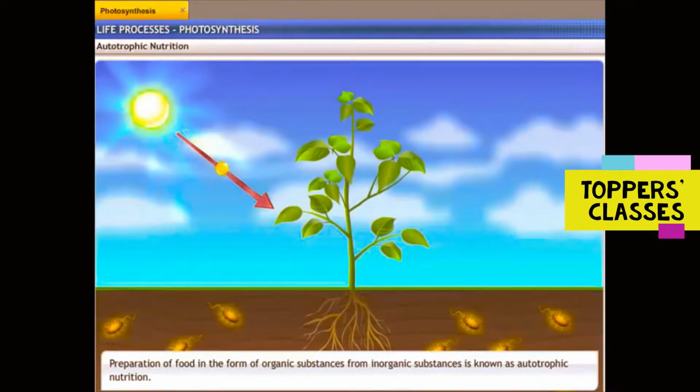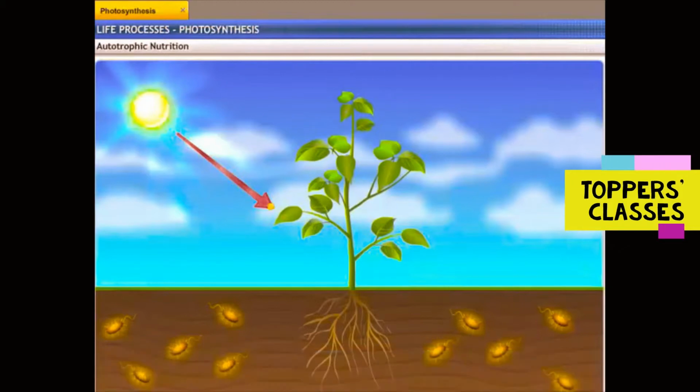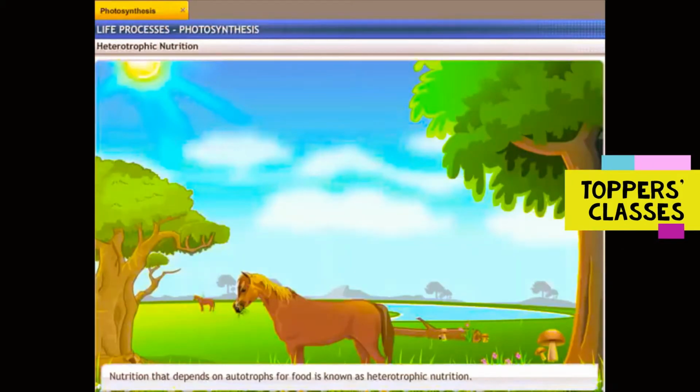The process of nutrition in autotrophs is known as autotrophic nutrition. Fungi and animals cannot prepare their own food and directly or indirectly depend on autotrophs for their food. Such organisms are called heterotrophs, and the process of nutrition in heterotrophs is called heterotrophic nutrition.